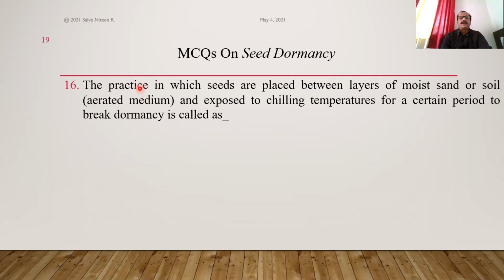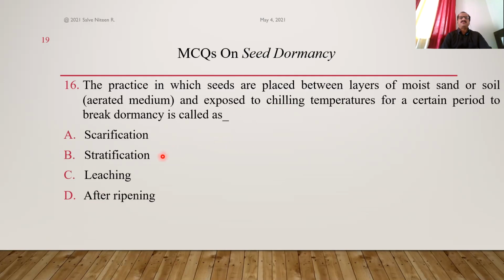That horticultural practice in which seeds are placed between layers of moist sand, or you can use moist soil, so that aeration is provided, an aerated medium, and such seeds are exposed to chilling temperature, very low temperature, for a certain period to break dormancy, is called what method?